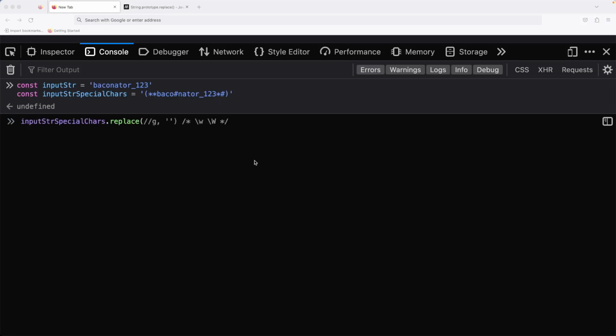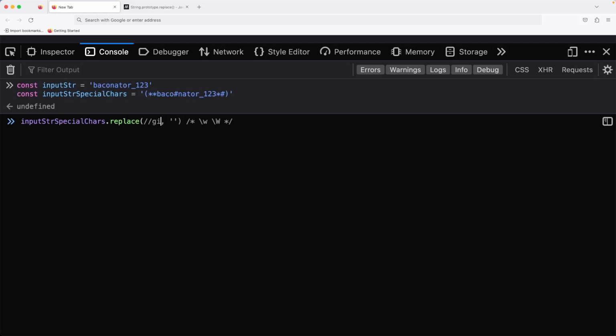To help us understand how these two metacharacters work, I'm going to use the native JavaScript method called replace, which accepts as its first argument a regular expression with several modifiers, to include the g modifier, which is global, meaning keep on going after the first match.